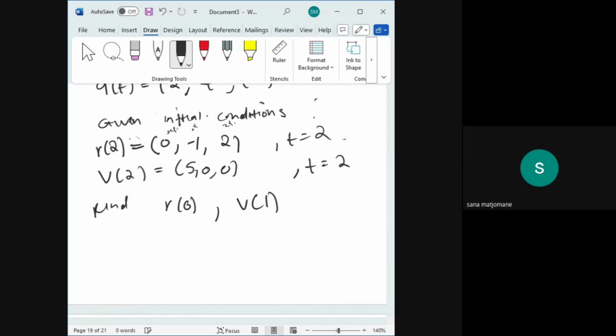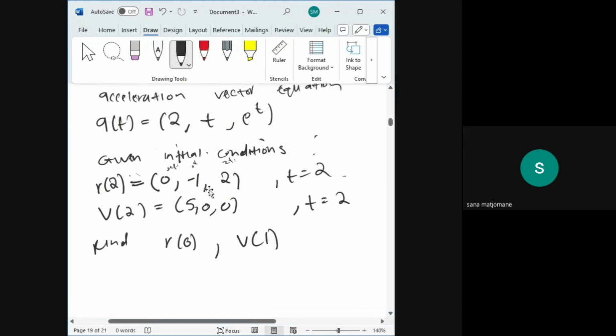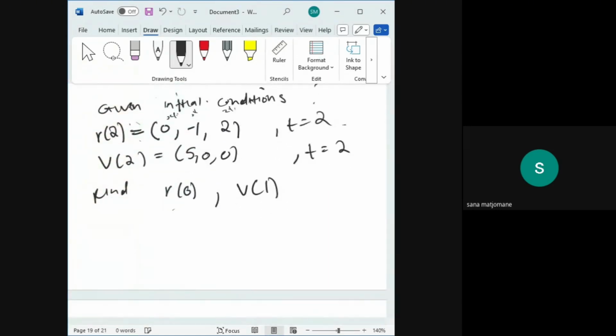They gave you the velocity at the same point, where t is equal to 2, 5, 0, 0. From these initial conditions and the acceleration equation, they want you to find the position of the particle where t is equal to 0, that is r at 0, and the velocity where t is equal to 1, that is v at 1.